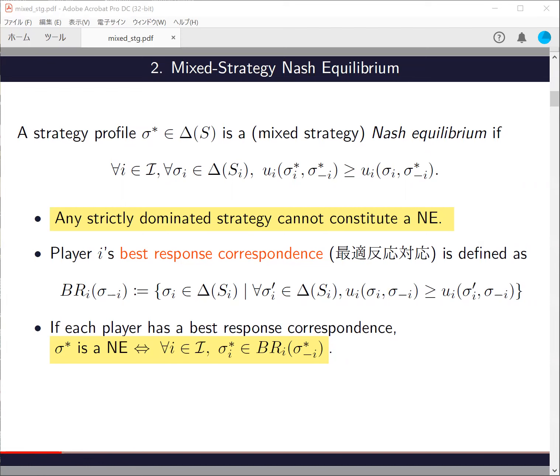And so iterated elimination of strictly dominated strategies can also be applied to derive mixed strategy Nash equilibrium.